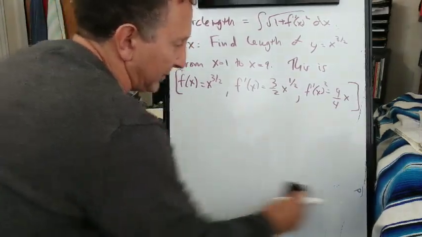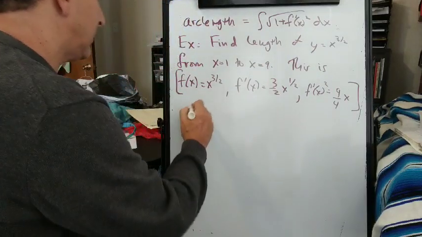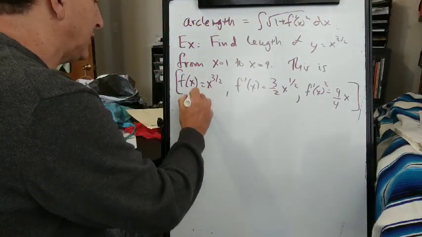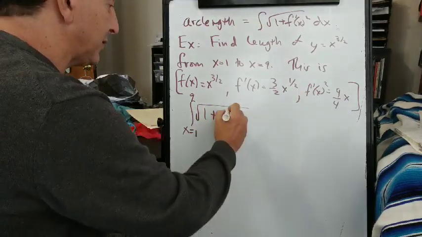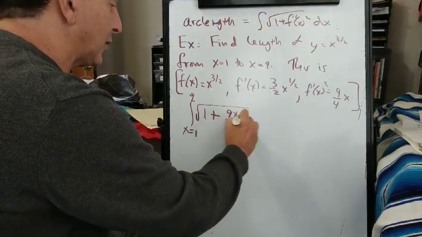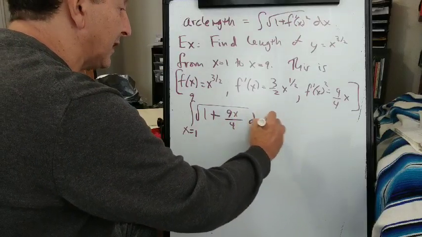Alright, so what we have is the integral as x goes from 1 to 9 of the square root of 1 plus the squared derivative, 9x over 4, dx.